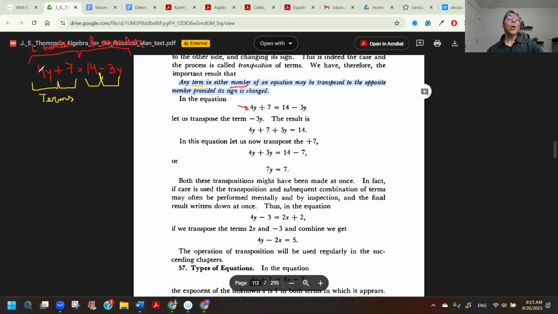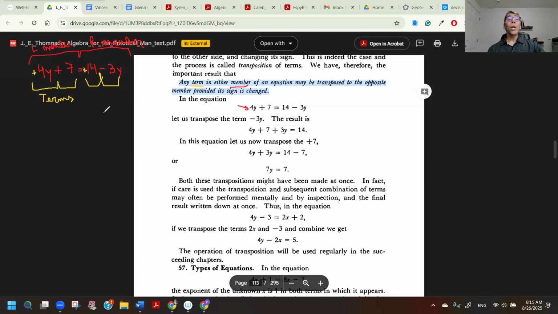When you have no sign before the term, what do we assume, for example, here with 4y and 14? That it's positive. That's right. So we are assuming a positive sign. So far, so good? Melanie, are we okay? Yeah. Great.